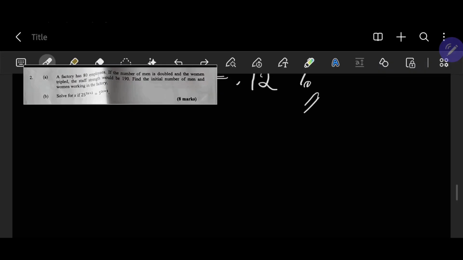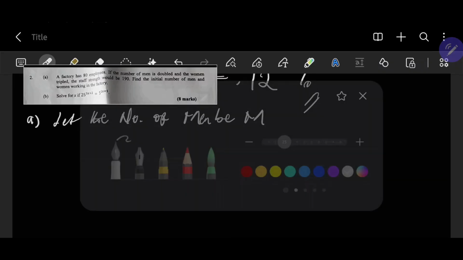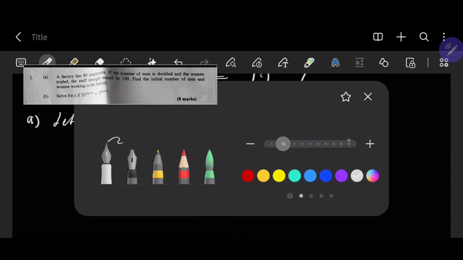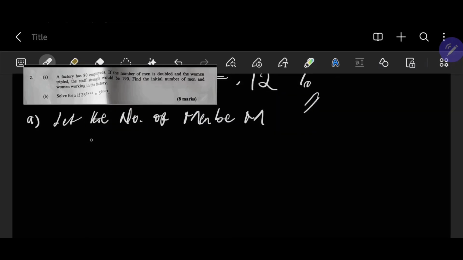Okay, so we start by writing an equation for it. Let the number of men be m and the number of women be w.